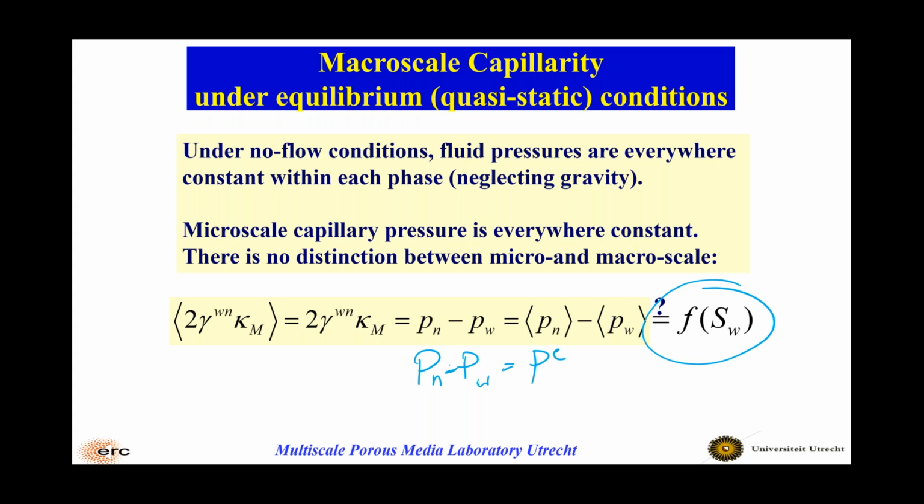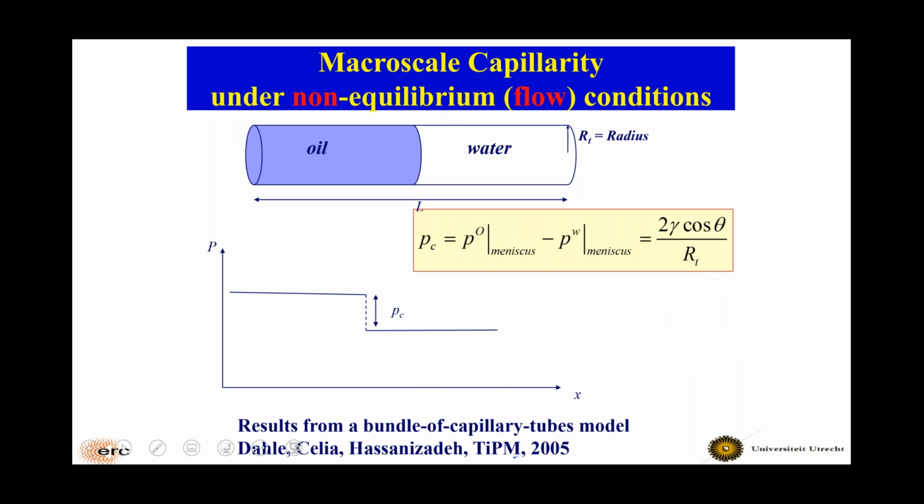But how about under non-equilibrium condition? I'm going to briefly talk about that. We want to talk about macro scale capillarity, which means average pressures, average values, under non-equilibrium conditions.